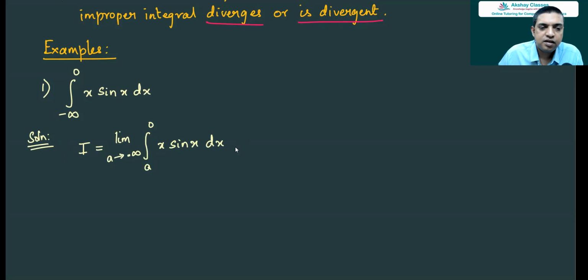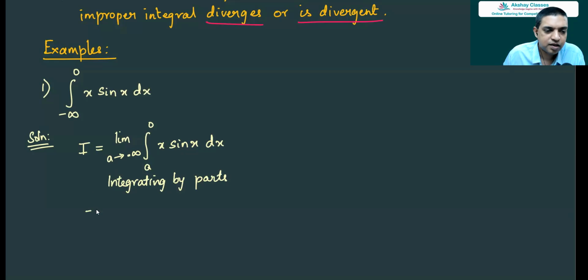Now we'll have to do integration by parts. By ILATE, algebraic and then trigonometric, so trigonometric will be the second function and algebraic will be the first function. Integrating by parts, limit a tends to minus infinity, the first function into the integral of the second.